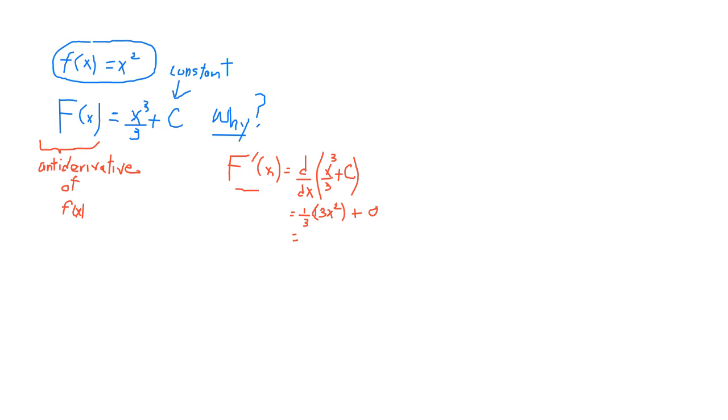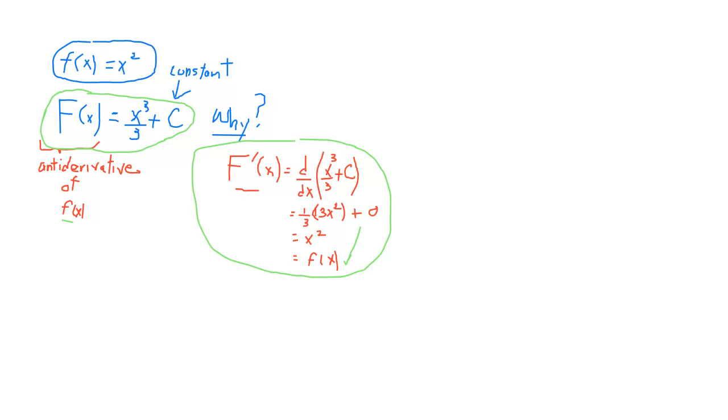So you're going to get back, thank you, Sebastian, thank you, Joe, thank you, Rodrigo, x squared. And x squared was your little function f of x. That's why we call the capital F of x function an antiderivative of our little function f, because the derivative of an antiderivative gives you back the function.